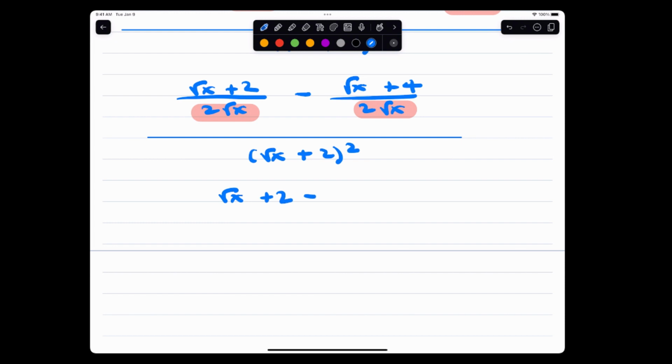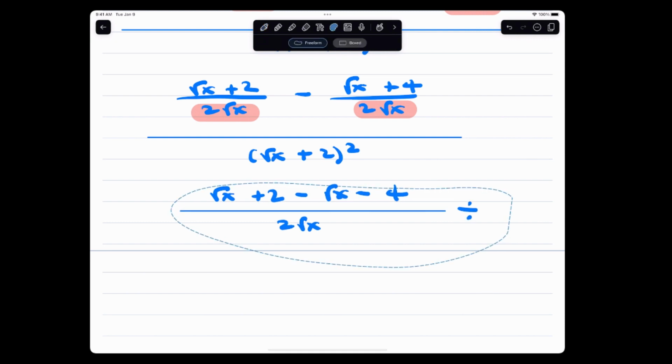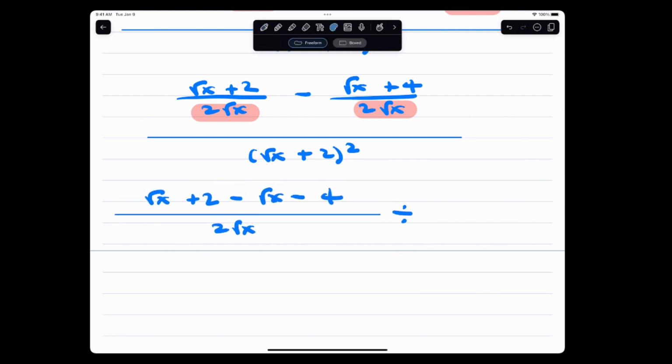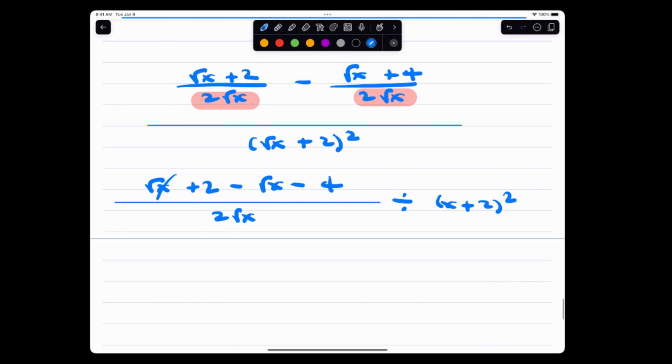Now distribute here. Now don't forget, this is going to be divided by the square root of x plus 2 squared because you have a complex fraction. And you're going to cancel this.